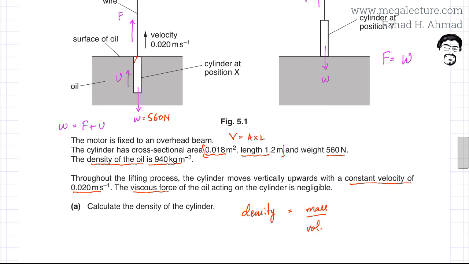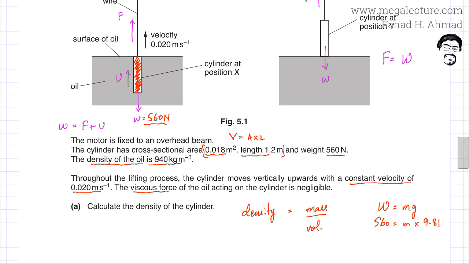For this cylinder we were given the weight, and weight W is equal to mg. So using this formula, we know that the weight is 560 newtons. Mass would be 560 over 9.81.